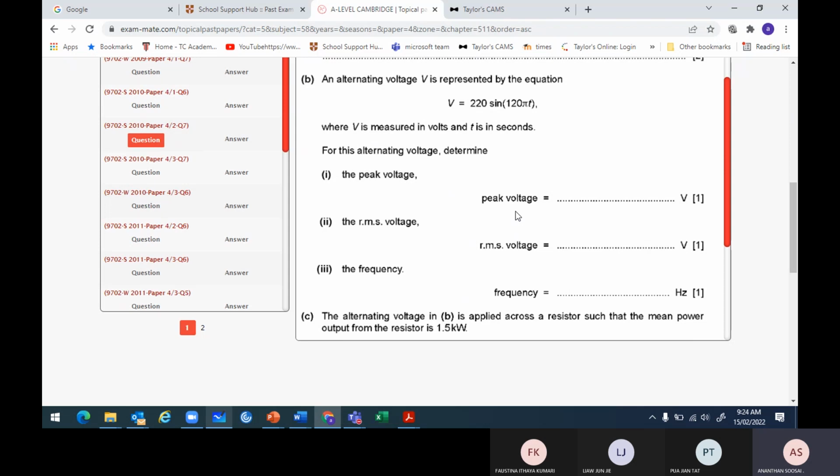So what formula do you use? You want the resistance, so which formula is best? Power equals three formulas: IV, I squared R, V squared over R. Which is more suitable here? V squared over R. You know V, and they ask you for R, so V squared over R is suitable. So P equals V squared over R. Finding the equation was one problem last time, we got it.